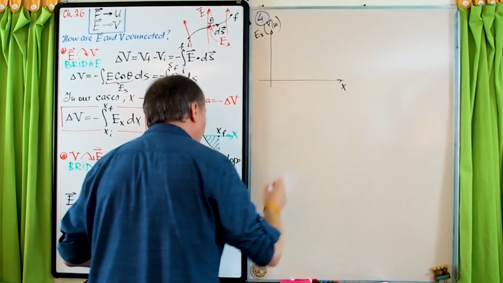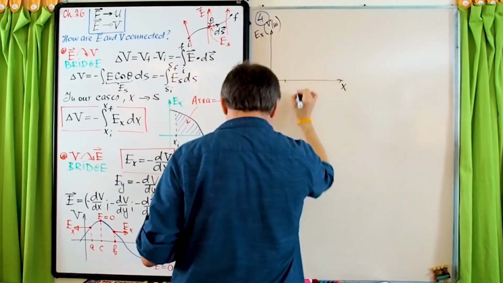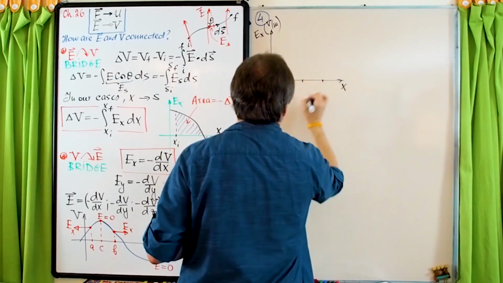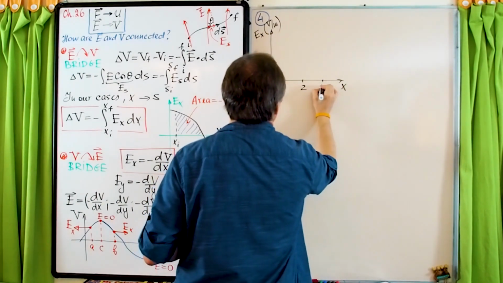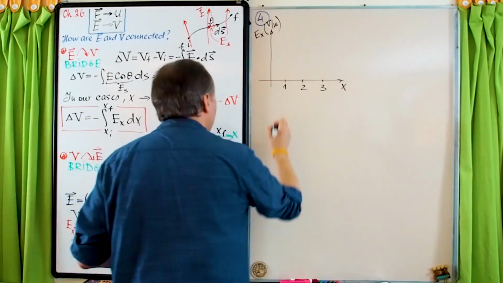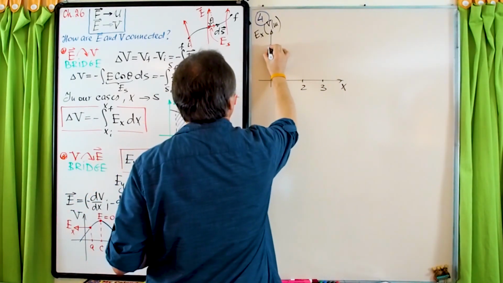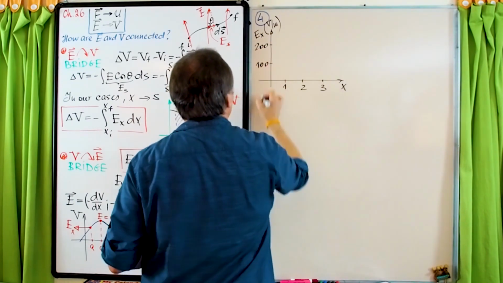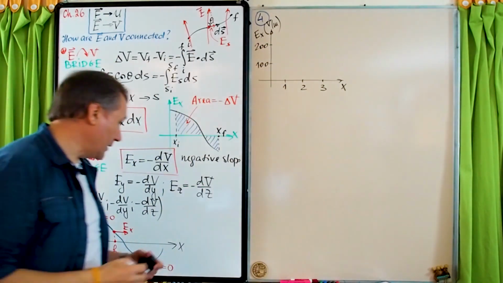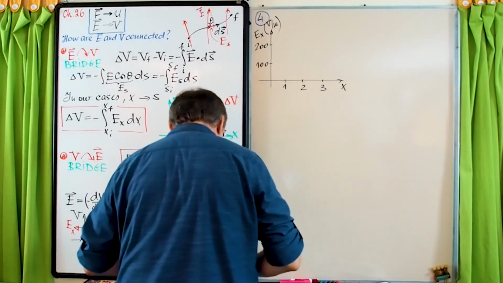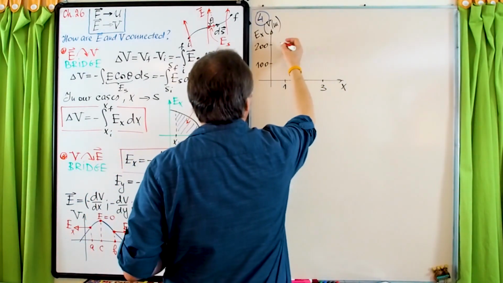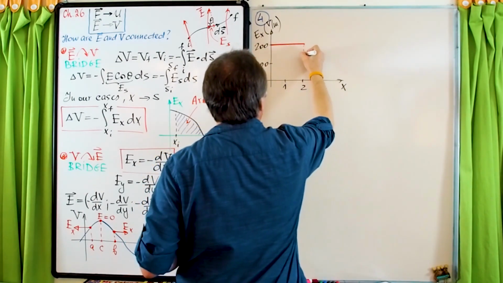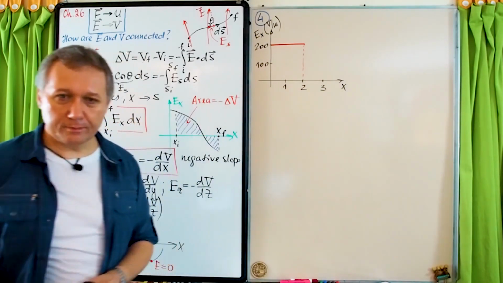All right, so then we have 1, 2, 3, and then 100 and 200. And the plot: first, the electric field stays constant up to 0.2.